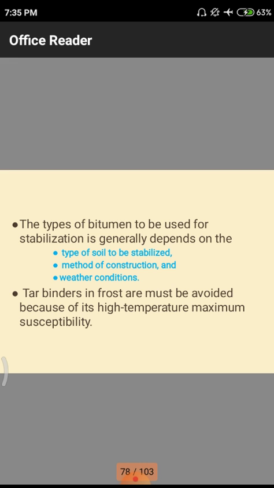First, we have to observe the type of soil to be stabilized. That means whether we are carrying out the stabilization on red soil, black cotton soil, sand soil or silty soil.